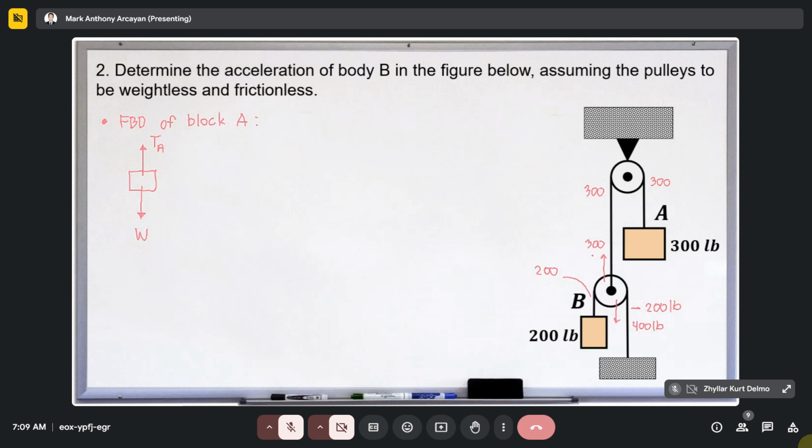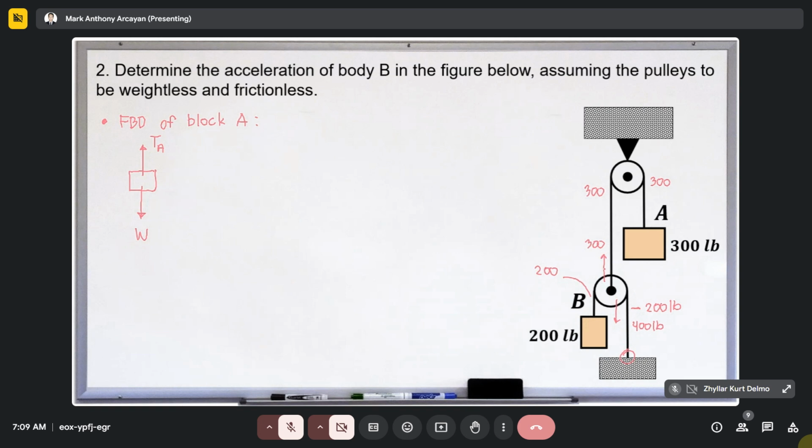And with this, there's a difference in force. There's a net force because we pull 200 pounds on this pulley, the weight of block A. At the same time, with this arrangement, we have a total of 400 pounds being exerted by block B and this side of the pulley that is being anchored.